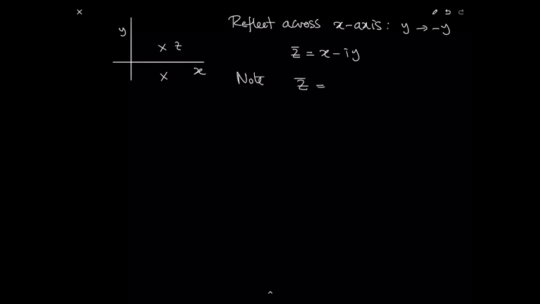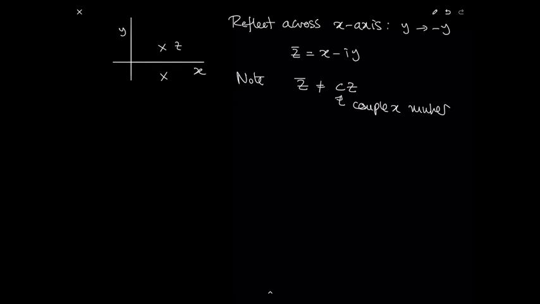This z bar is not simply the multiplication of z by some other complex number. It's a completely different operation. In other words, z bar is linearly independent from z.